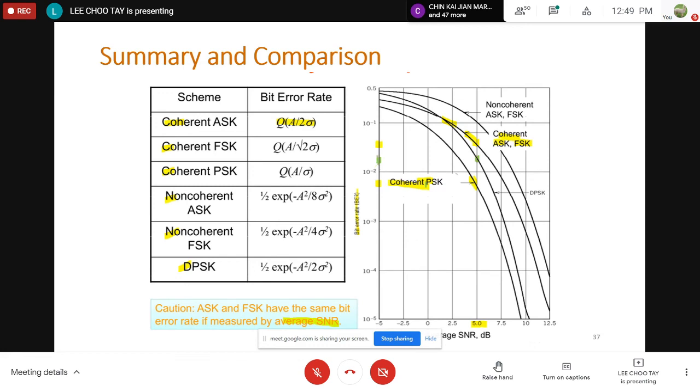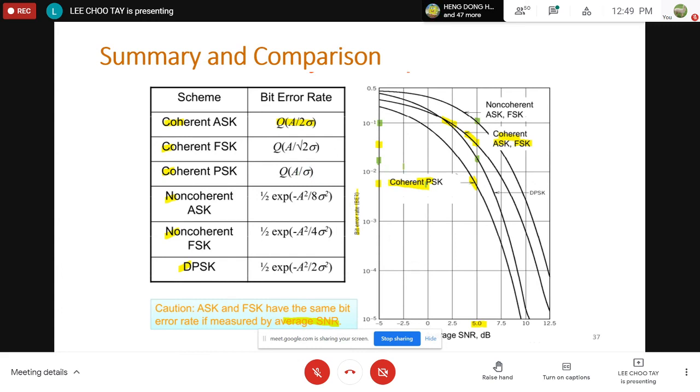But it's a bit better than the coherent ASK and FSK, because it's lower, and lower means better. If you compare with non-coherent ASK and FSK, in this case it's the worst one. With the same power, it gives you the highest probability of error over here.